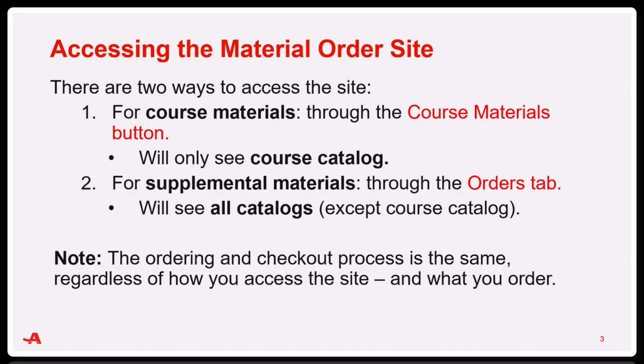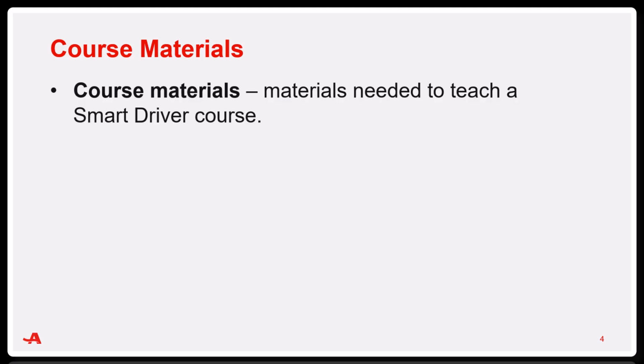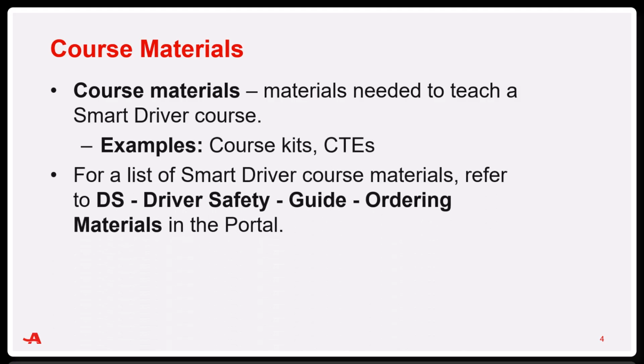So that we're on the same page, let's talk quickly about course versus supplemental materials. Course materials are materials needed to teach a Smart Driver Classroom course, for example, course kits or CTEs. Note, if you need guidance on which materials to order for a course, refer to the Ordering Materials Guide in the portal.